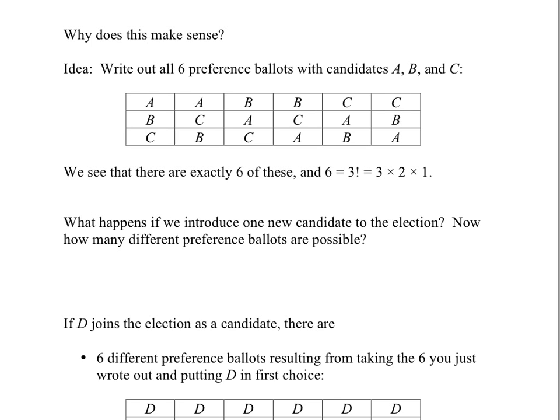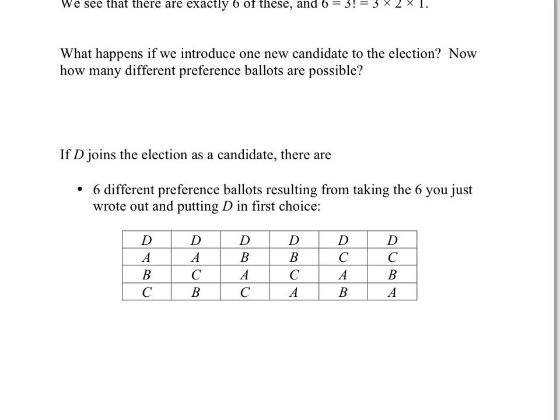Well, let's reason this out in the following way. If D joins the election as a candidate, where could we put D? Where could we insert D onto a preference ballot? Well, you could get a bunch of new preference ballots by putting D as the first choice.